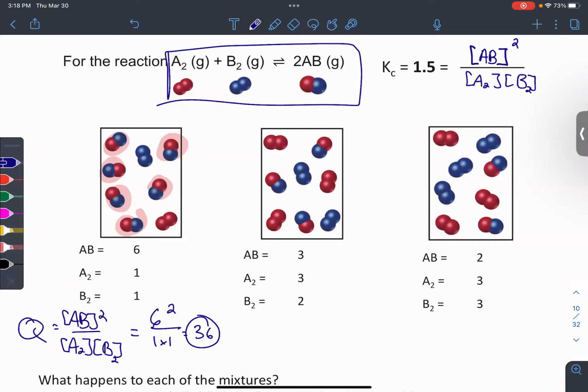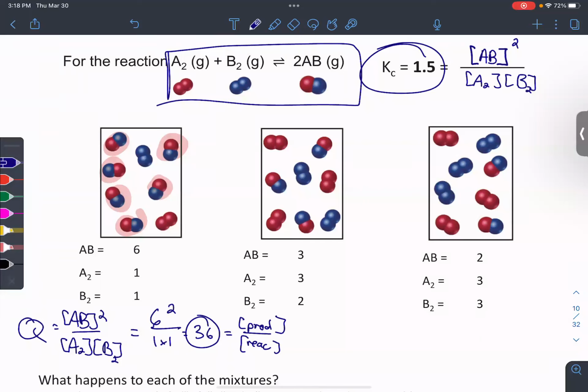So how does that compare to K? If Q is 36, remember Q is products over reactants. So I have too much products. The reaction has to shift which way? The opposite way, which is towards the reactants. Yeah, so remember, this is equal to products over reactants.